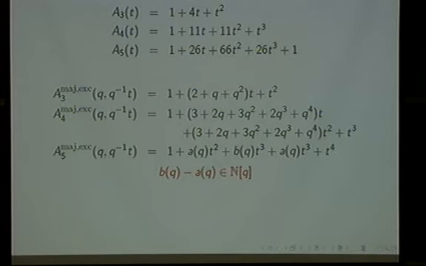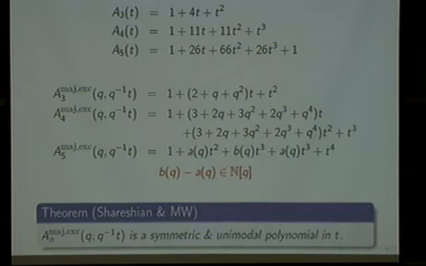We checked this on the computer, and it turns out that one can prove this using our formula. So this is the theorem: these polynomials are symmetric and unimodal, and as I said, it follows from our formula.